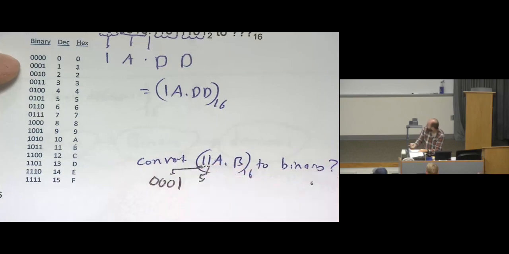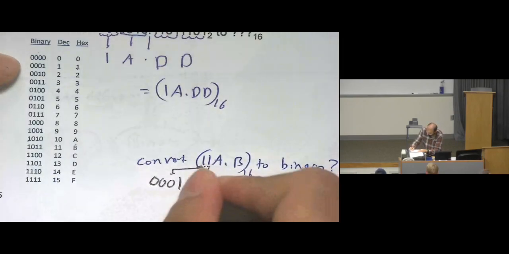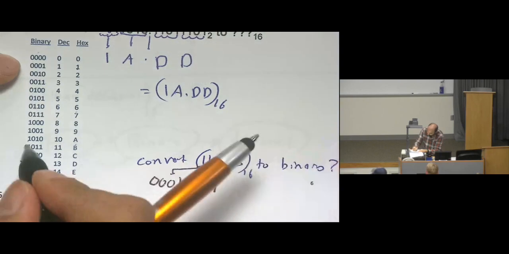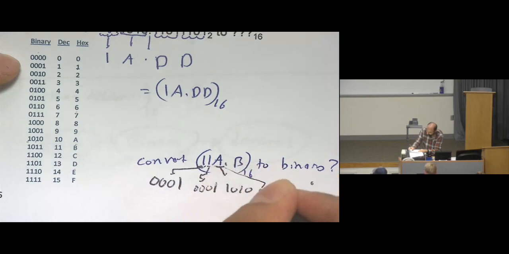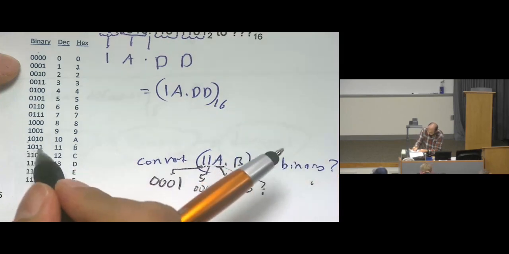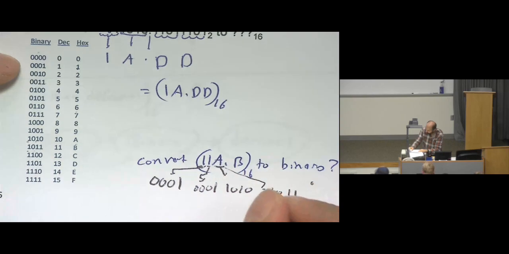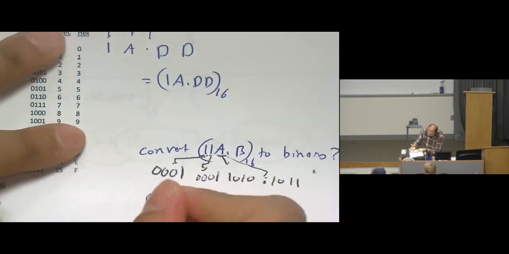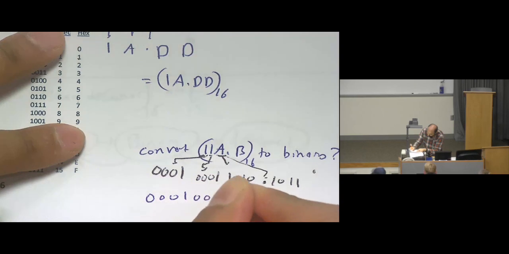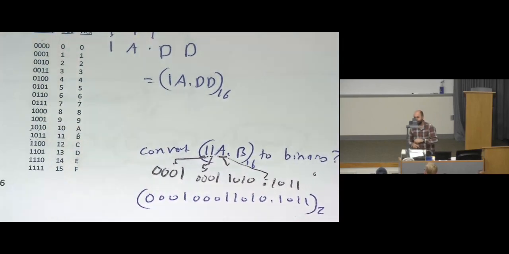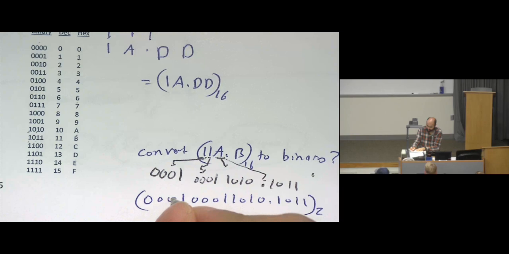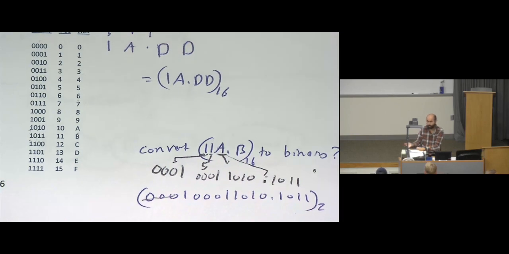The other one is also 0001. A is equivalent to 1010, so write 1010. The decimal point stays as is. B is equivalent to 1011. So as a result, it will be 00010001 1010.1011. This is in binary. Sometimes you can remove these zeros because they don't change the value. You can keep them or remove them. That's fine. Okay, clear?